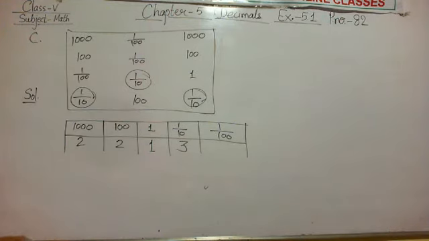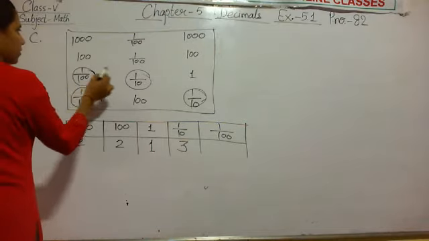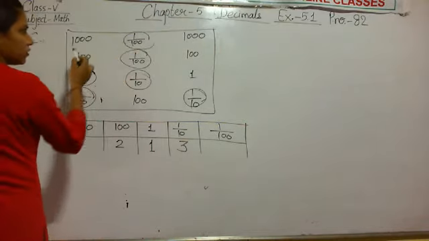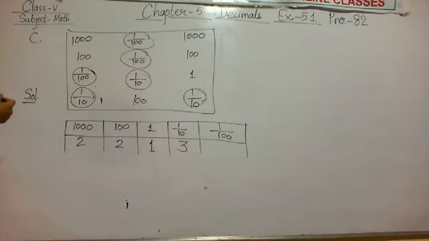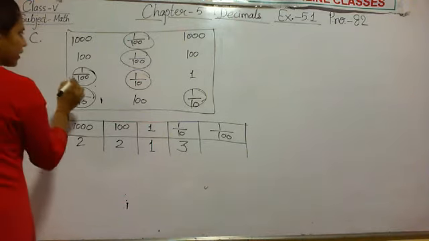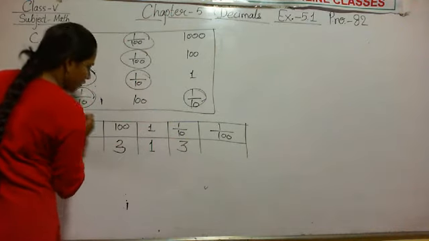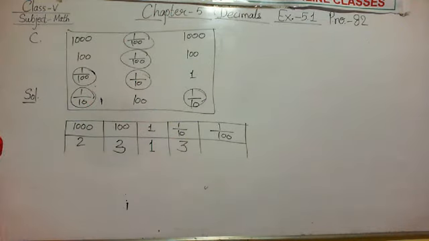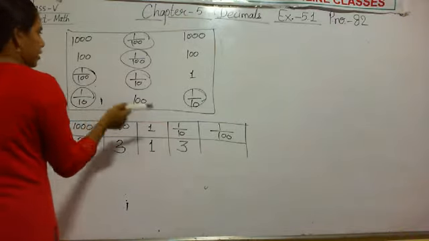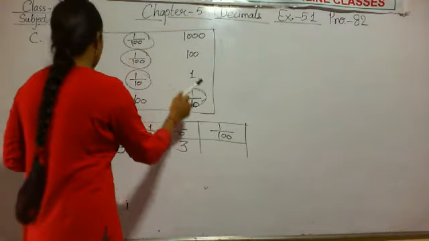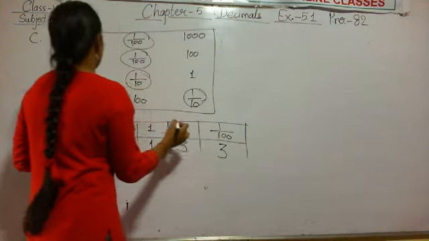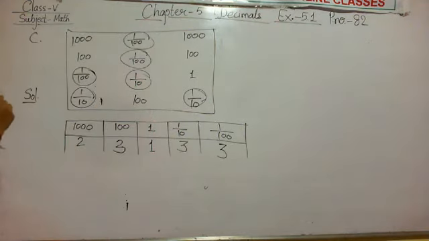Now count how many 1 upon 100 are given. Wait, one correction is there. Here 1, 2 and 3 hundreds are there, so I need to write 3 here. 1 upon hundreds are 1, 2 and 3. Okay, my table is complete.